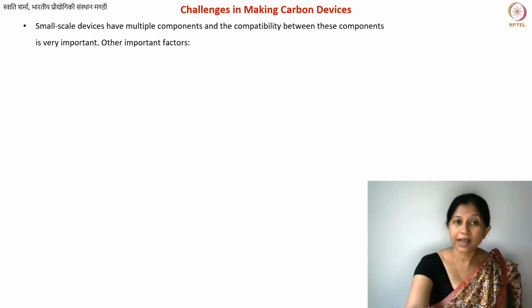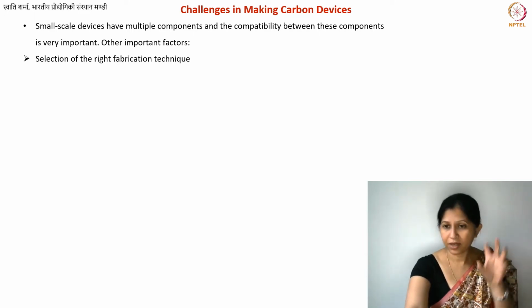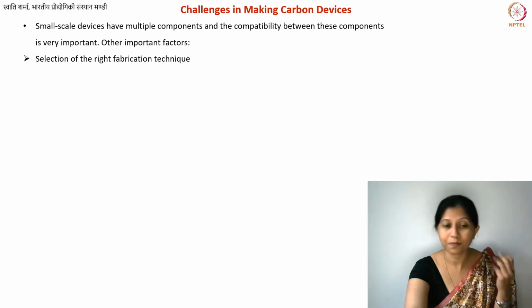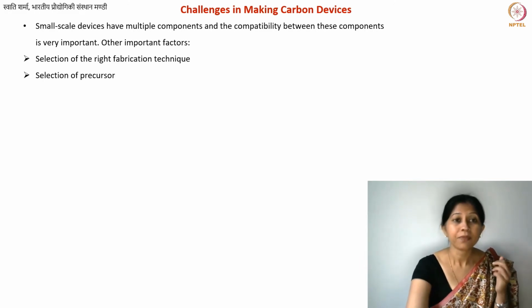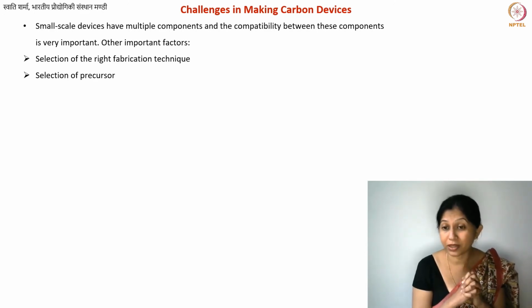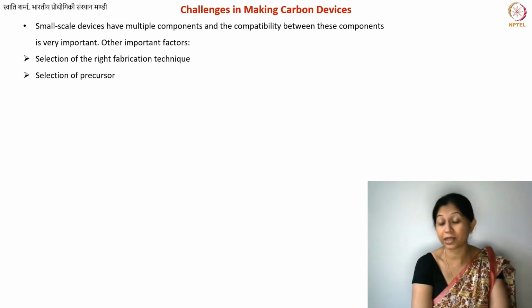Other than that, what are the important factors? I have listed a few here. First of all, you need to select the right fabrication technique, which could be a combination of two fabrication techniques. Then selection of precursor, especially in the case of top-down type processes. Even though we have many polymers, the selection rules are still the same as for large-scale materials.